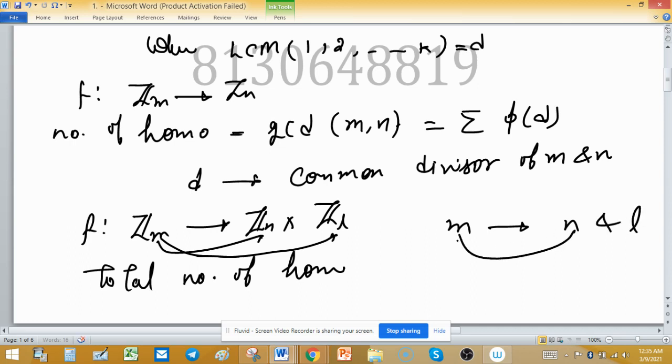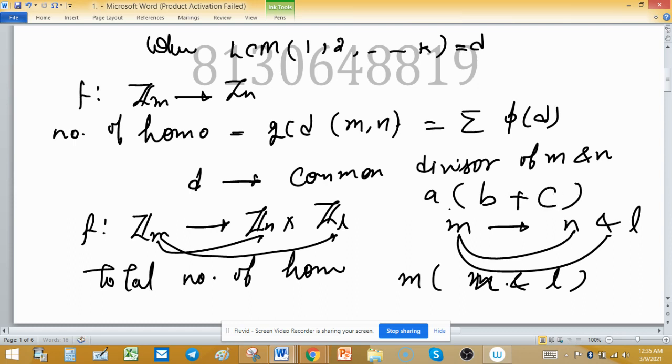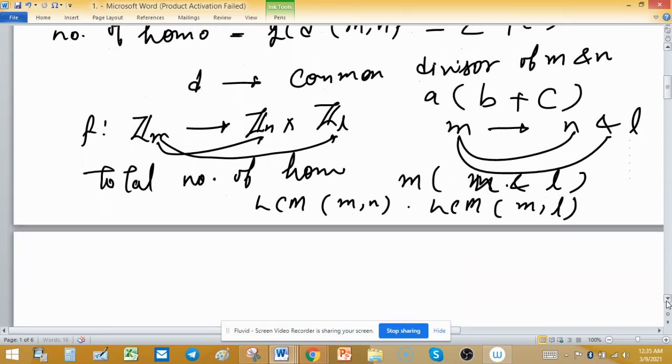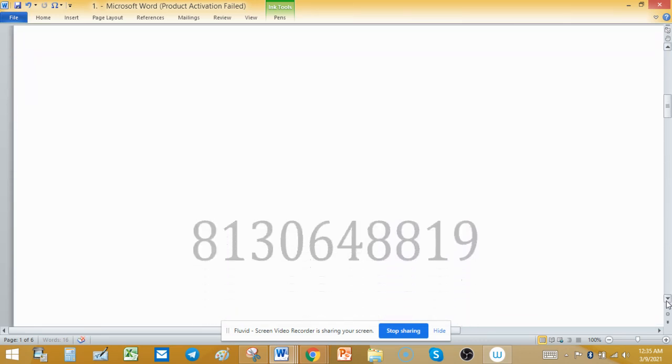So m with n and m with l, as m is distributing over n and l, as we use the distributive property. Remember this point as a way to memorize this concept.